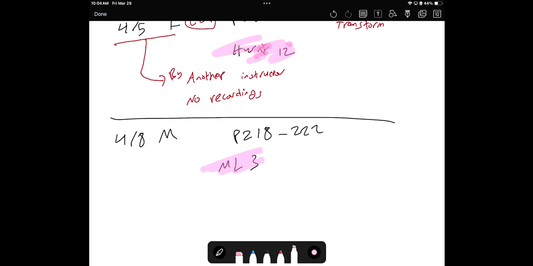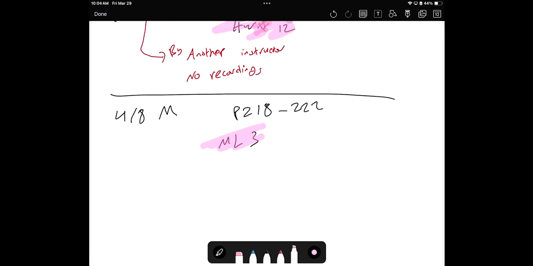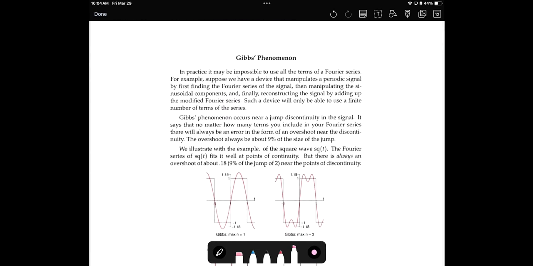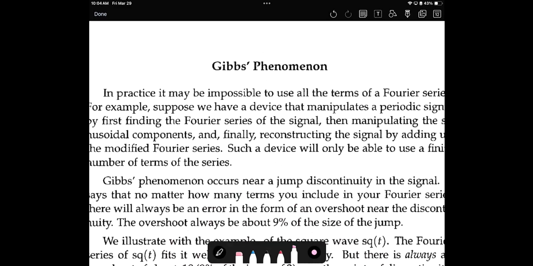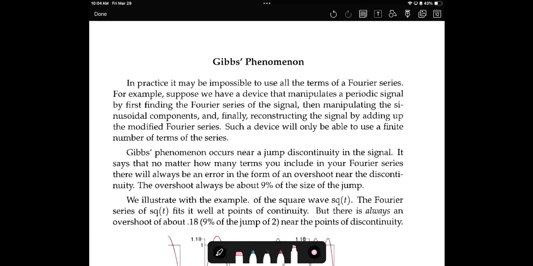So, let's start the lecture. Before going to the other parts of Fourier series, there is a phenomenon that gives boundaries, and we say that, okay, this can happen anytime. Basically, we know in real life it's impossible to use all terms of the Fourier series, because we cannot say from k equals 1 up to infinity. It's impossible. We cannot do it.